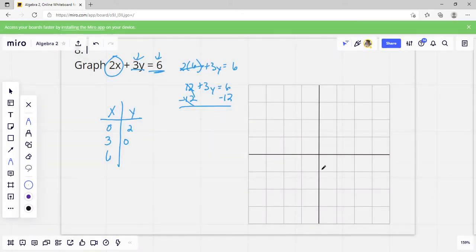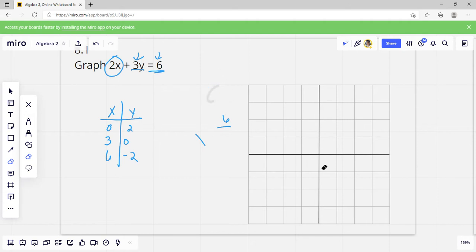Okay, 3y equals 6 minus 12 would be negative 6. Divide by 3. And I'm going to get y equals negative 2. I've got negative 2 right there. All right, I could keep going, putting in any numbers, even if I come up with fractions. Any number I put in for x, I'm going to come up with something for y.